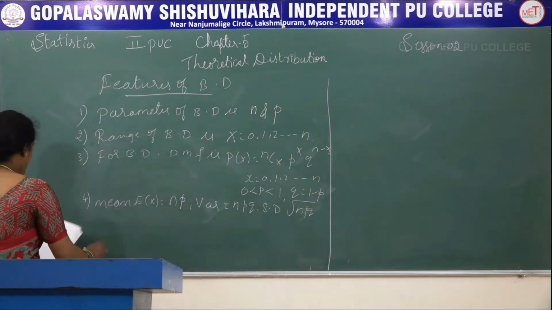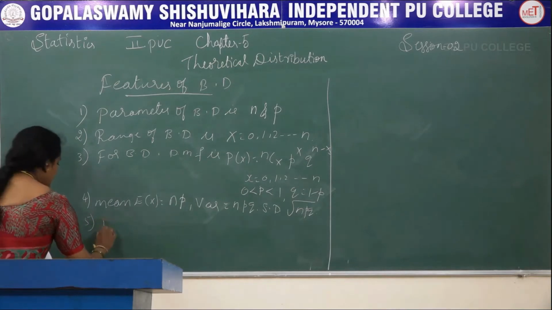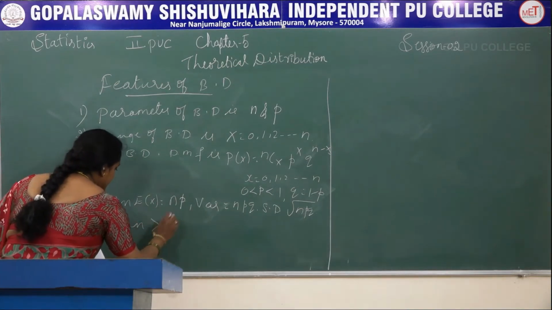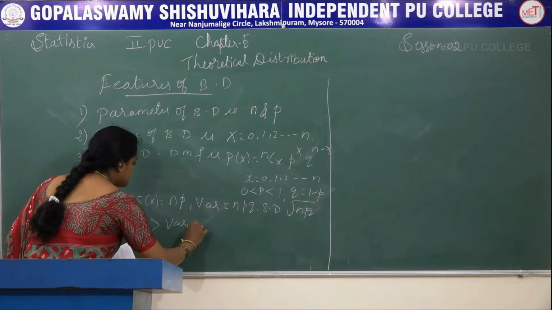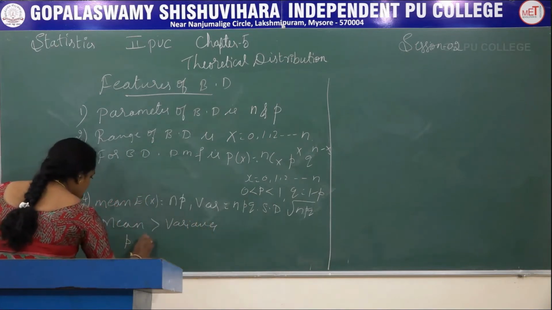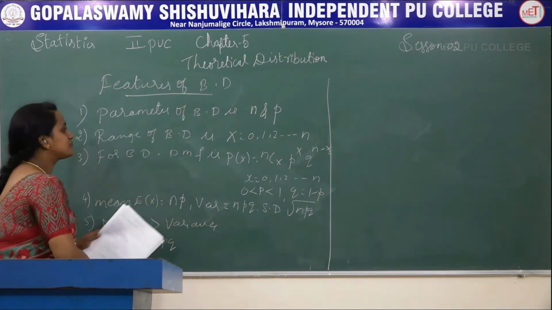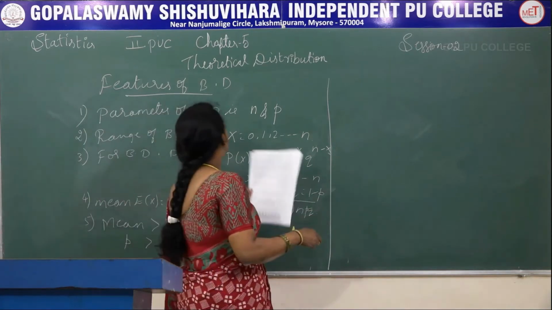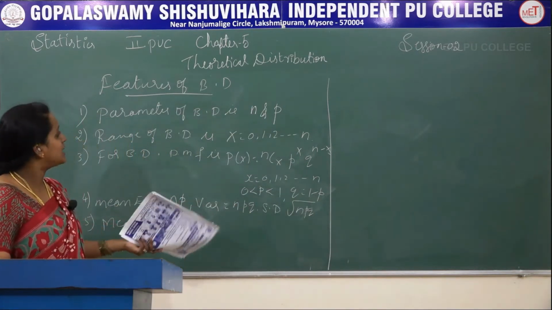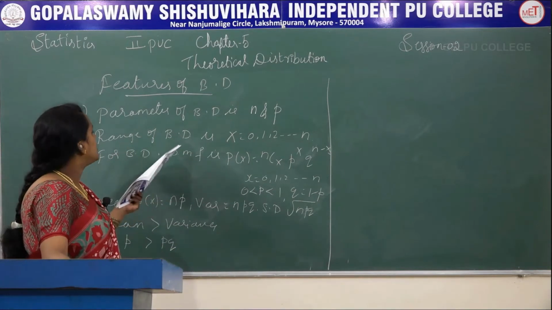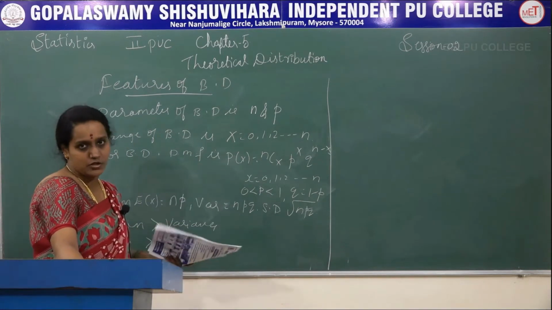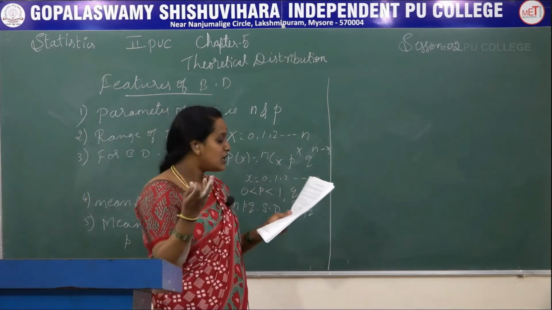Okay, and next is mean is always greater than variance, that is np is always greater than npq. Okay, these properties are the same as Bernoulli, but here we are having n values. Number of experiments are more.